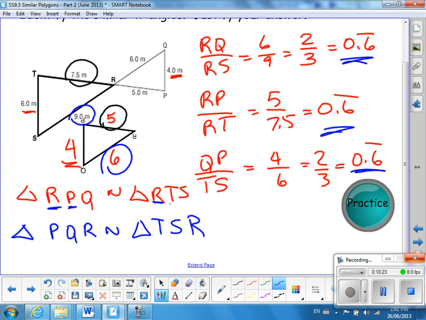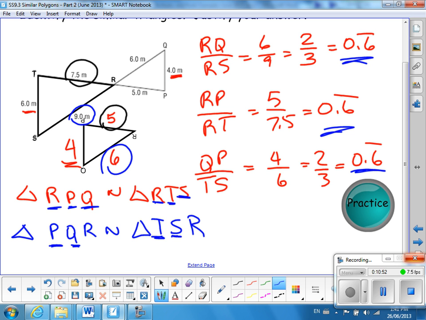P matches T, even in this second way I wrote it, and Q matches S. So both of those are correct. Just like naming a triangle, it doesn't matter what order you put the letters in. It does matter when you're saying they're corresponding that the two equal angles will be in the same position in your description of your triangle.